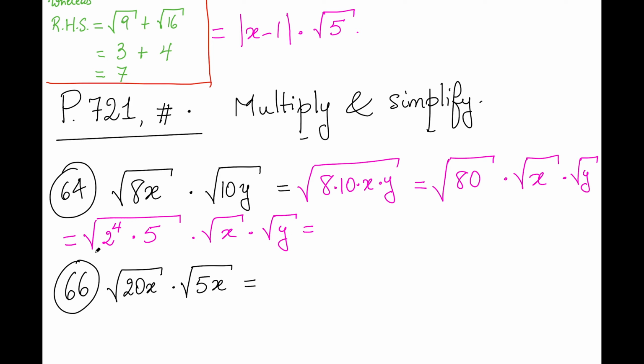Let's split these up, because 5 by itself doesn't have a divisor other than one which is a perfect second power. So we get this, times the square root of x, the square root of y.